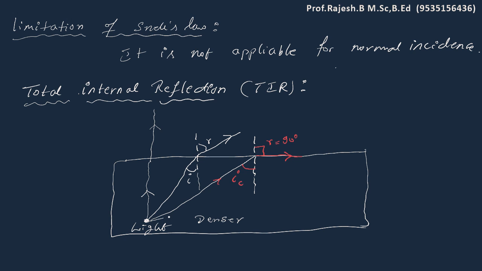And if any light ray is incident at an angle greater than the critical angle, it falls back internally into the same medium. This is total internal reflection. So what is the condition for this? The angle of incidence must be greater than the critical angle. When the critical angle is lesser than the angle of incidence, TIR is observed.